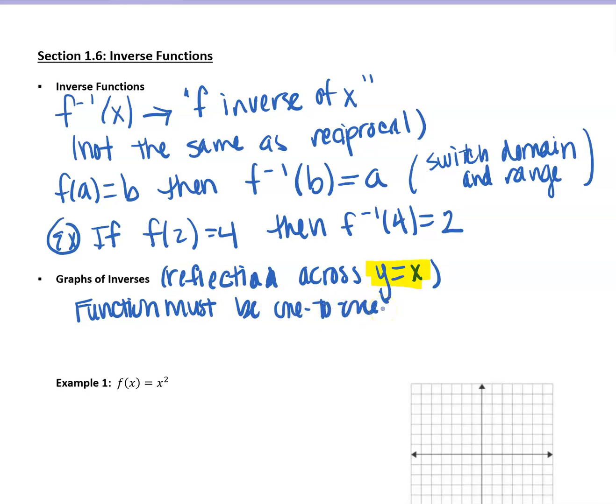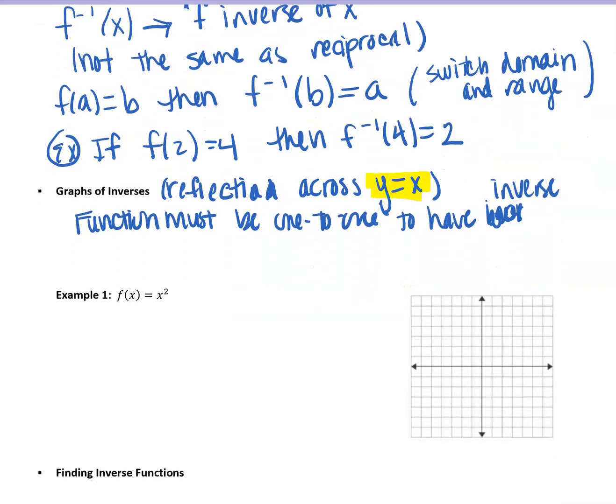Remember, if it's a function, it means your x's don't repeat. If it's 1 to 1, your y's can't repeat. So you might have to restrict it in order to have an inverse. Because if we're exchanging those x's and y's and switching our domains and ranges, we want to make sure that there's nothing repeating on either side of it.